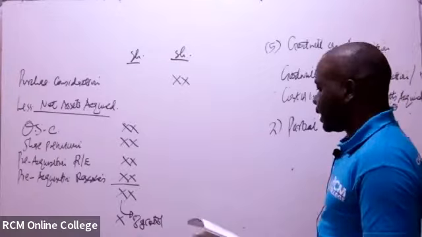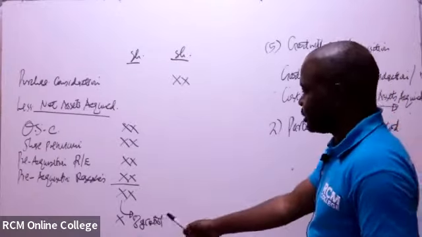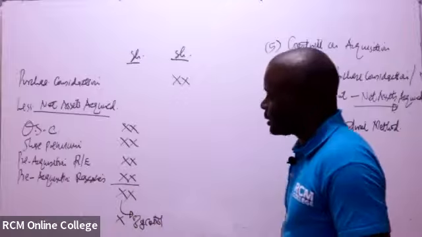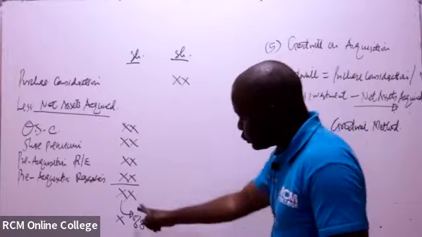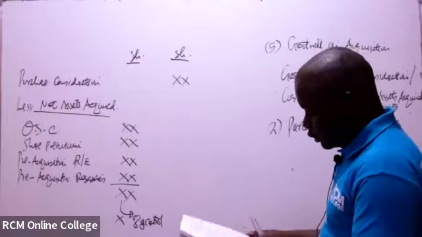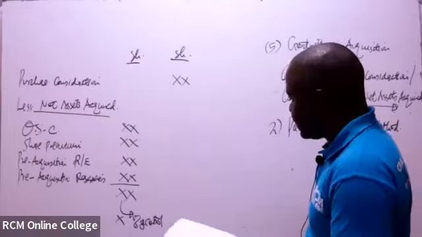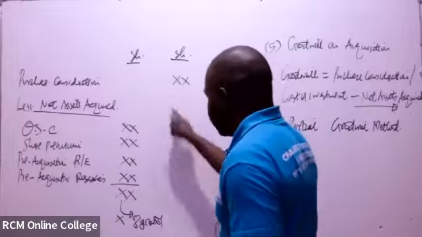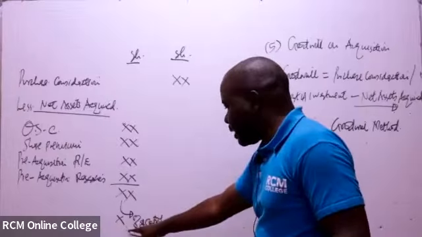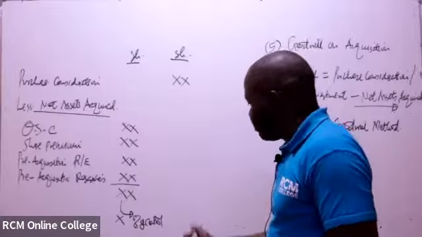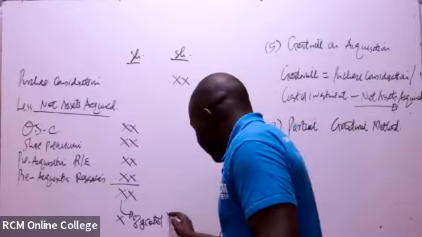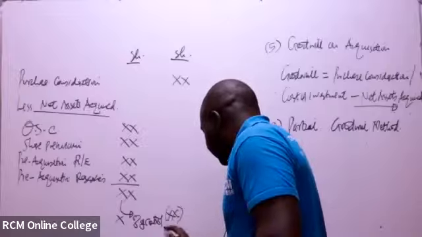If it is 70%, you take 70% of these net assets. Because you're not using the full, you just take a proportion of what they control. You multiply by the percentage of control and you'll get a figure. When you get that figure, you put it here, then you deduct it from this one.